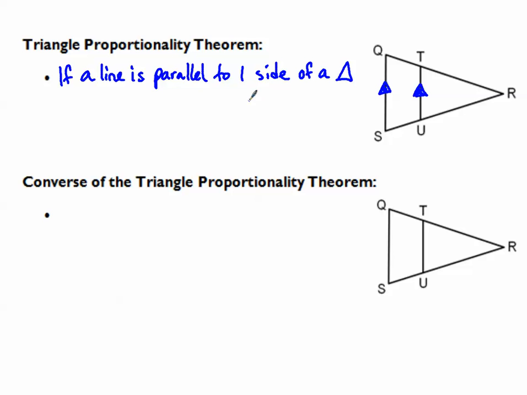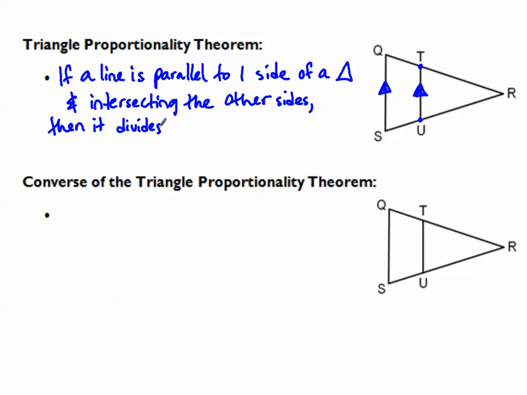If a line is parallel to one side of a triangle and intersecting the other sides, so it's parallel and it intersects the top side, intersects the bottom side, and it's parallel to the left side, then what happens? It divides the sides proportionally, divides them proportionally.